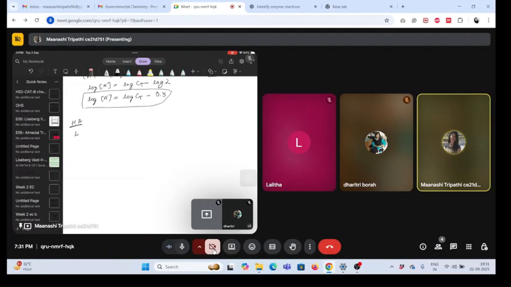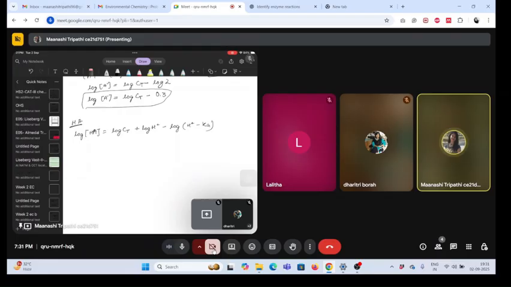What will be the equation? Log HA is equal to log CT plus log H plus minus log of H plus plus Ka.